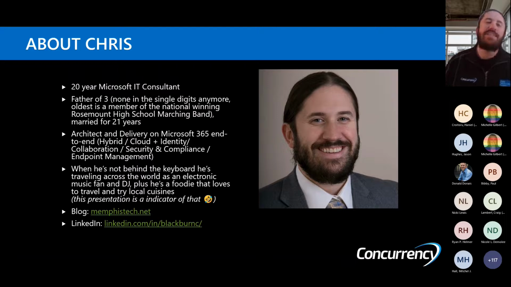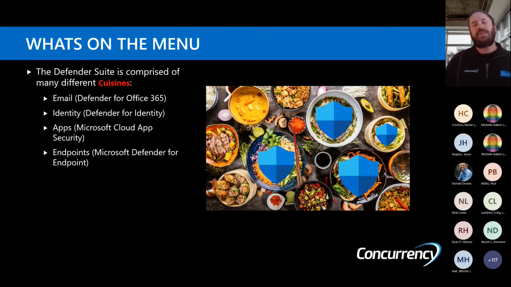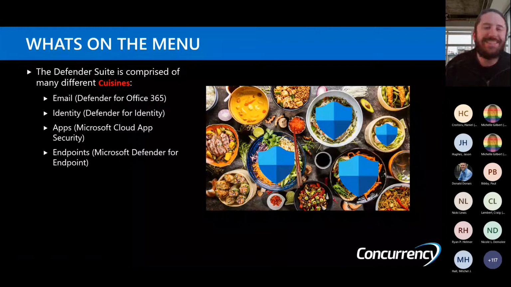And so that really takes us into the discussion around Defender. You're going to find that the topic of this conversation is really what flavor of Defender you want to deploy. You want to take a look at it from the high level. What is really in that Microsoft 365 Defender suite? It's made up of, as I like to say, cuisines.